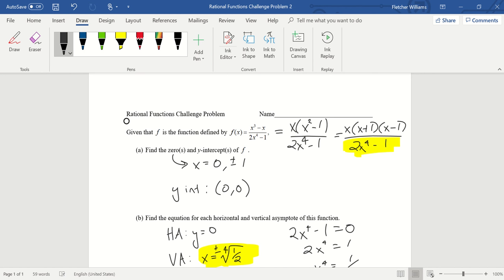So f of something slightly bigger than that. Well, on top, that would be a positive x. If it's just plugging that in for x, that would be positive. Times fourth root of a half plus 1 is positive. And then fourth root of a half minus 1, negative.